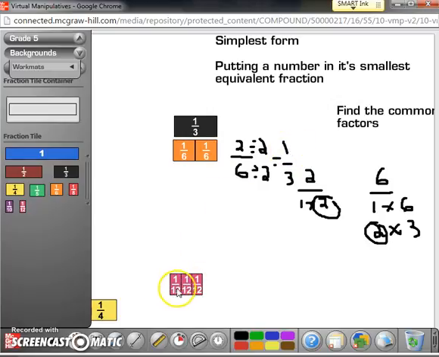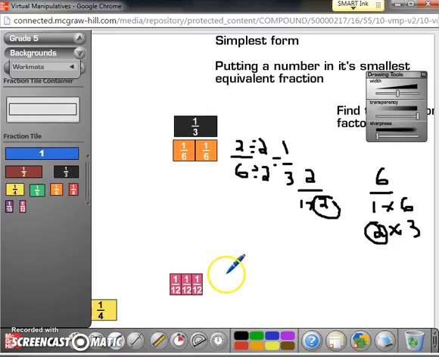So let's look at 3/12 here. This is 3 out of 12 sections. So I have 3 out of 12 sections. Well, what do I do in order to find my simplest form?